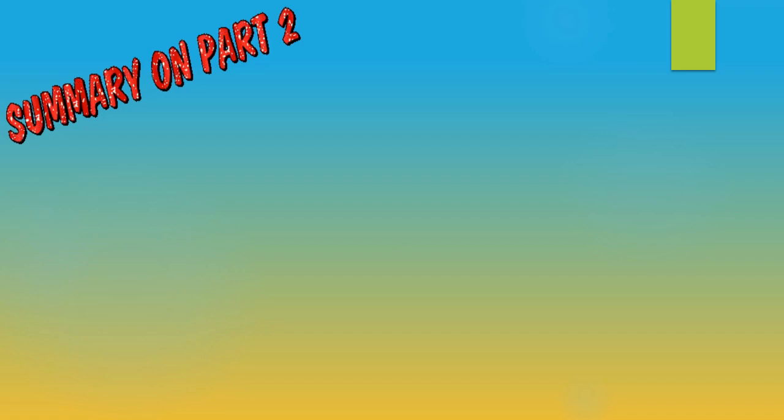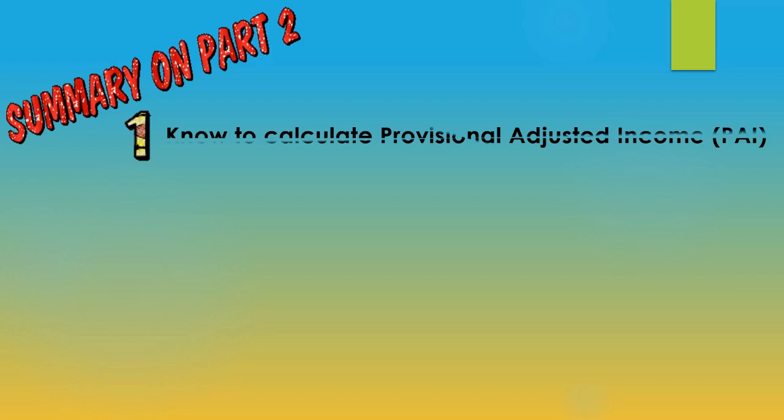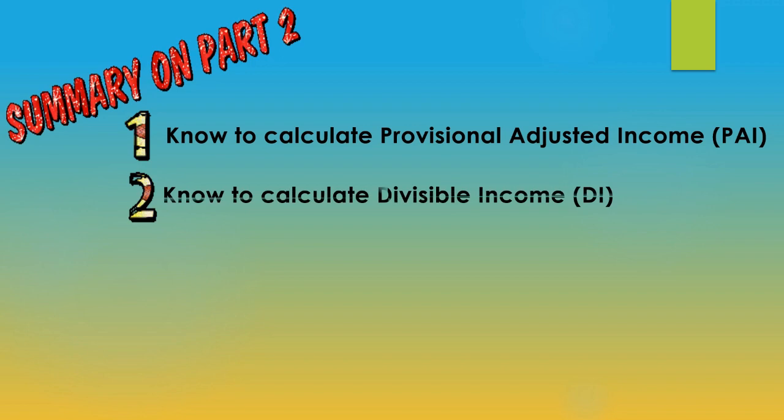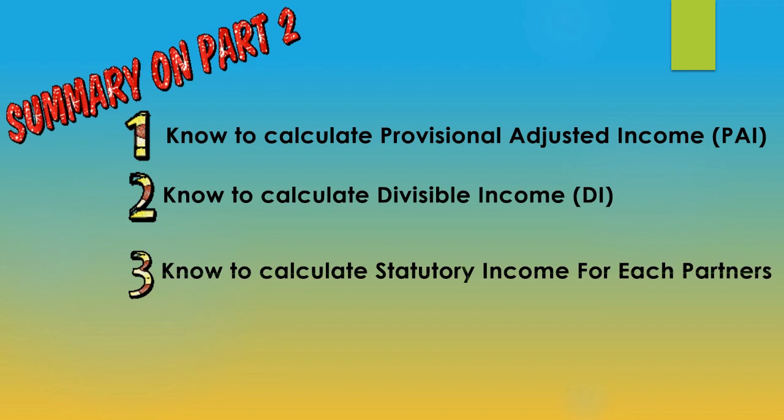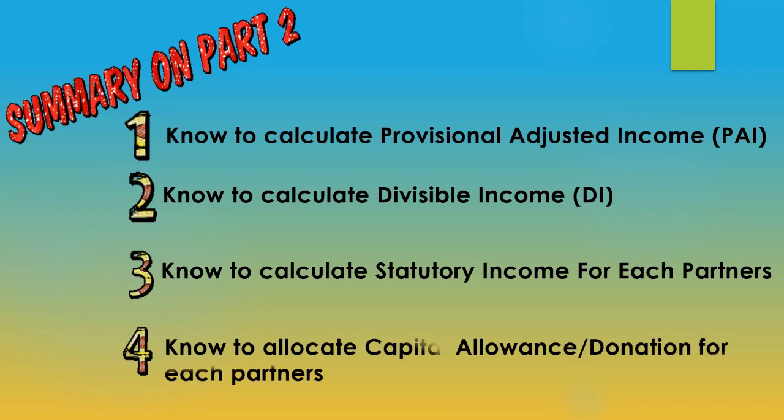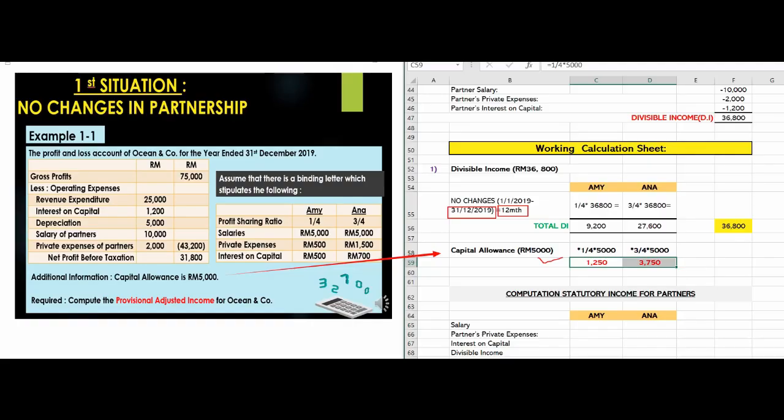So at this moment, you should know how to calculate provisional adjusted income PAI, how to calculate divisible income DI, how to calculate statutory income for each partner, and you should also know how to allocate capital allowance or donation for each partner.